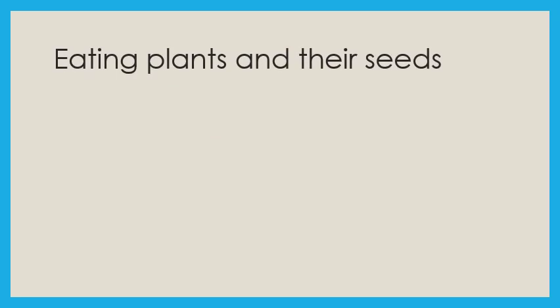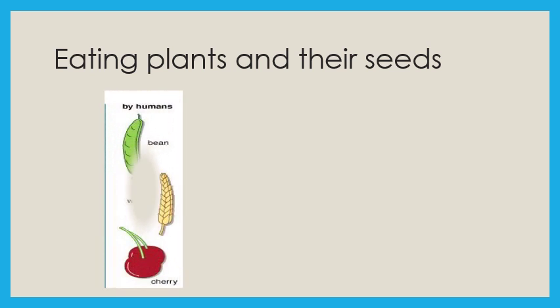And here's the other way that seeds are dispersed, by eating the plant and their seeds. Humans do this. Look at these vegetables and fruit. They are a brilliant color, so it attracts us to eat them. They're nice bright green, bright red, and those cherries, they smell so good, and it makes us want to eat them. And so when we do, we're eating the seeds.